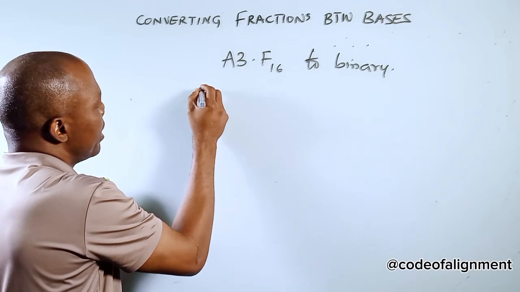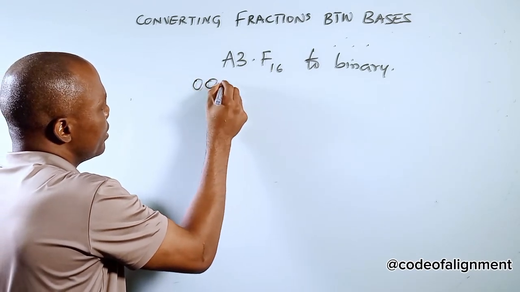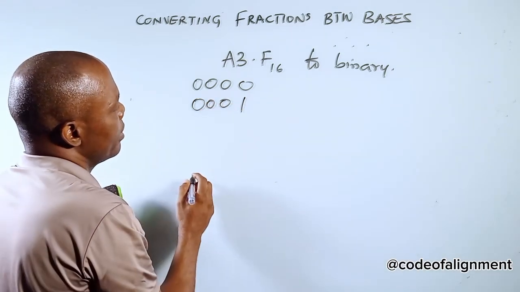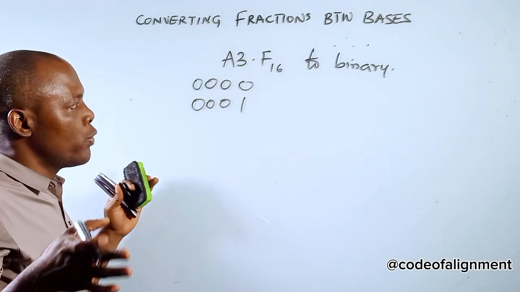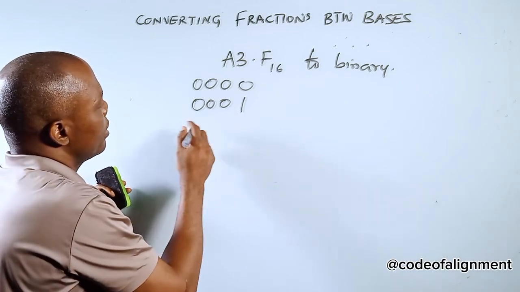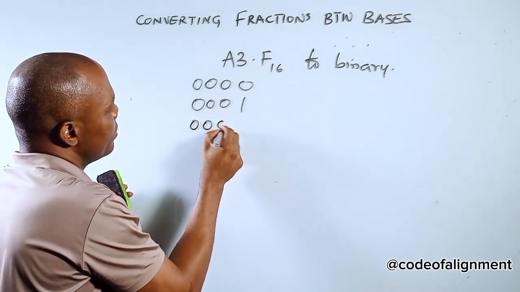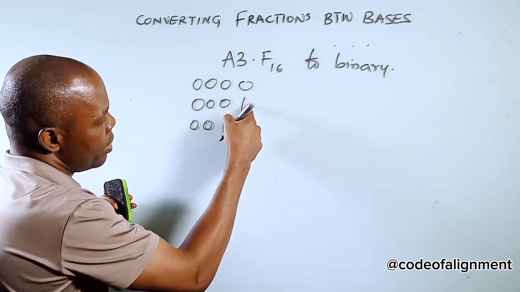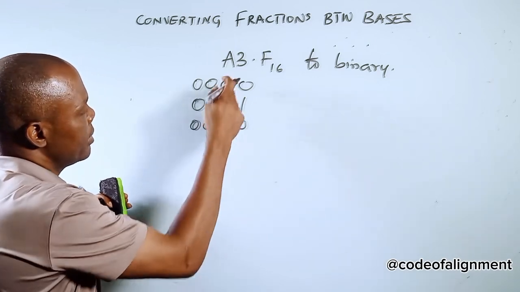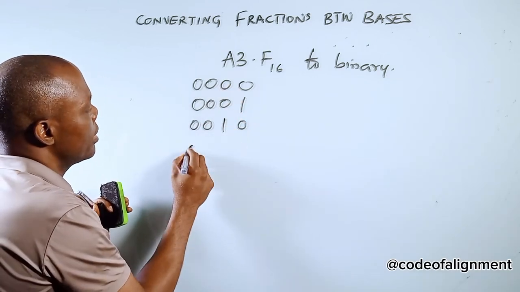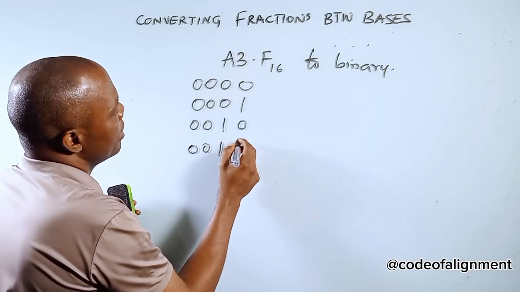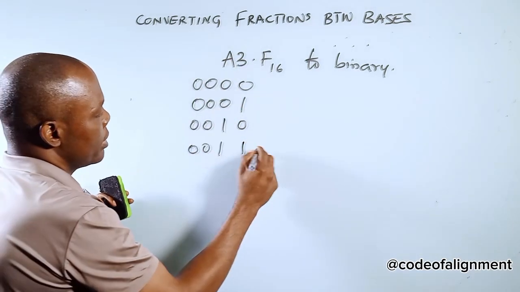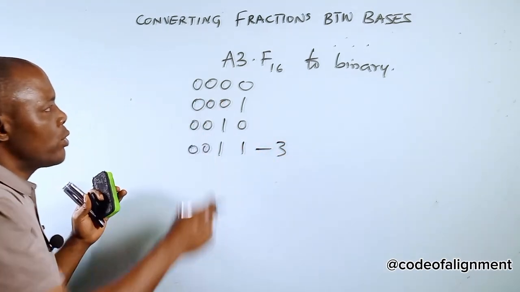So for hexadecimal it is 0000, 0001, and just following the pattern, 0010, 0011. Just continue. This is 3.